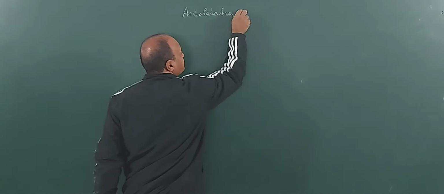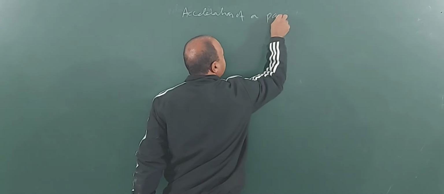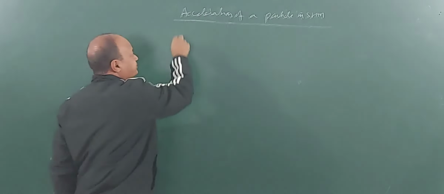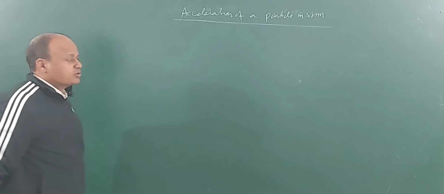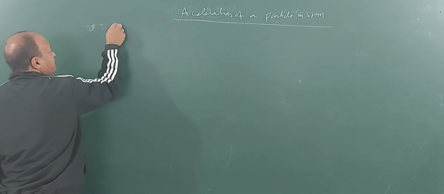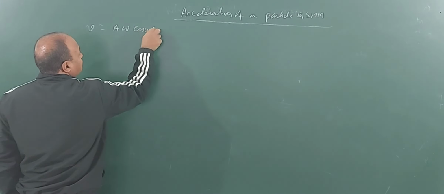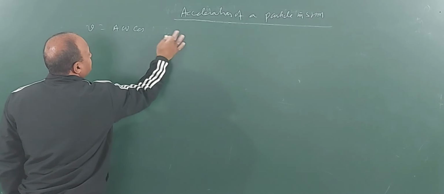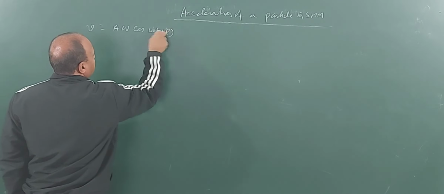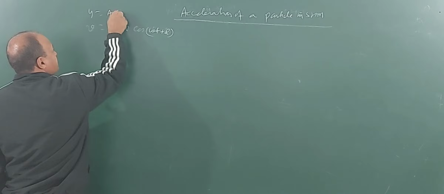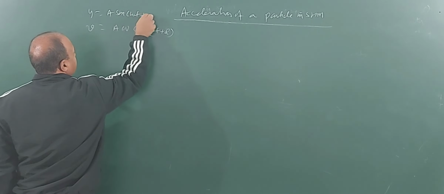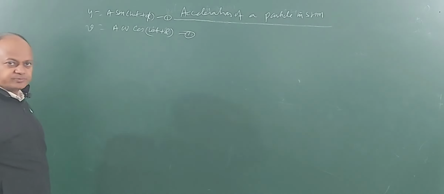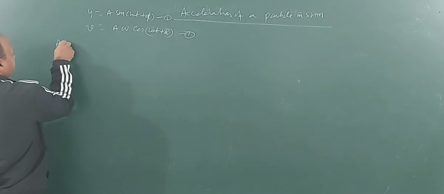We found that velocity is a omega cos(omega t plus phi), equation 1, and displacement is a sin(omega t plus phi), equation 2.